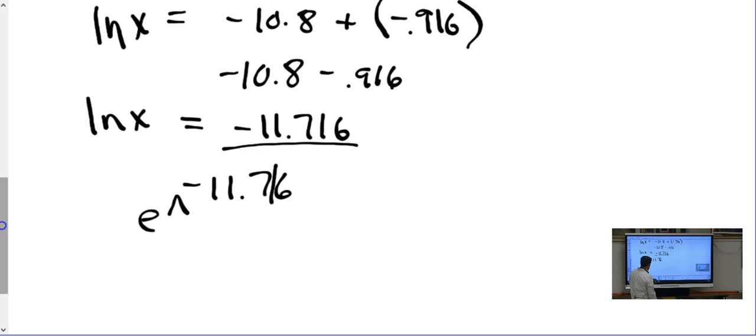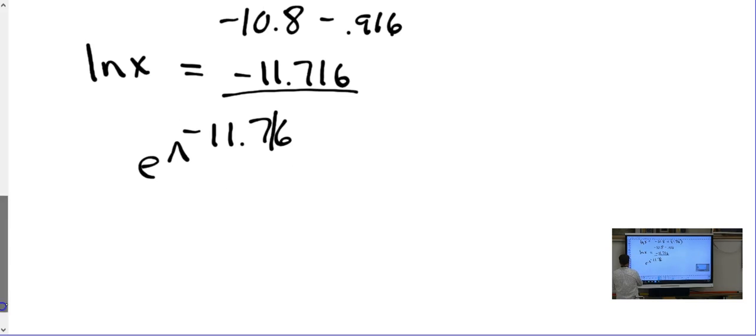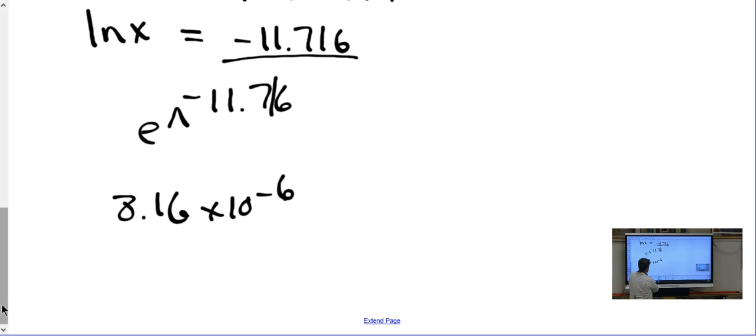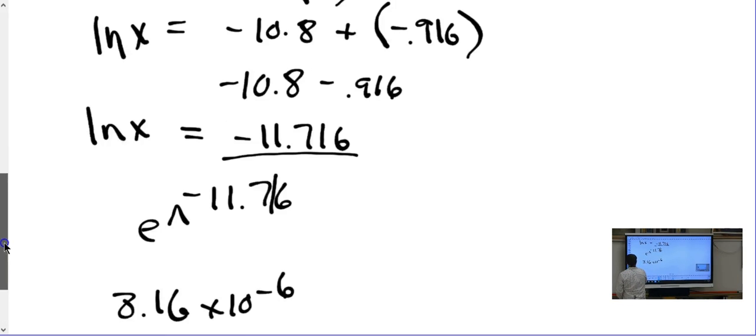And I get some value that is not the same value kids got earlier, so that's not good. I get 8.16 times 10 to the negative 6th. All right, I checked my math, and I'm not 100% sure that I'm right, but I'm pretty sure I didn't make a mistake math-wise. So hopefully the answer is 8.16 times 10 to the negative 6th.